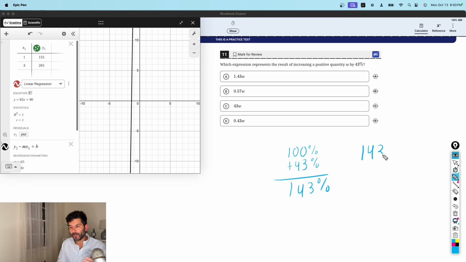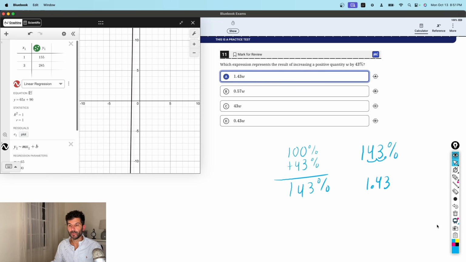If I have 143%, then as a decimal, it's going to go once, twice, 1.43. So 1.43 is going to be that increase of 43%, which again is really now 143% of its value. So we're going to go with 1.43W for my answer for 11.